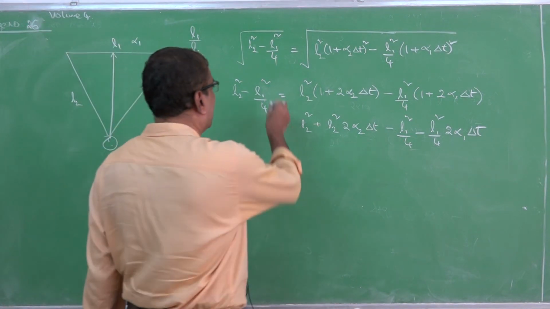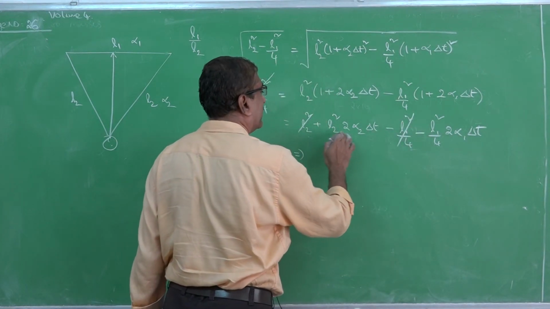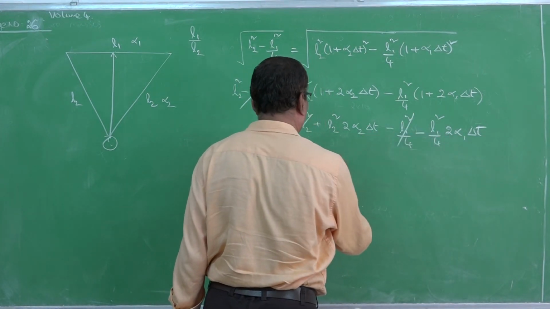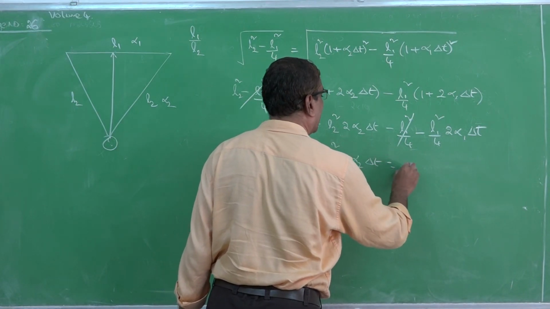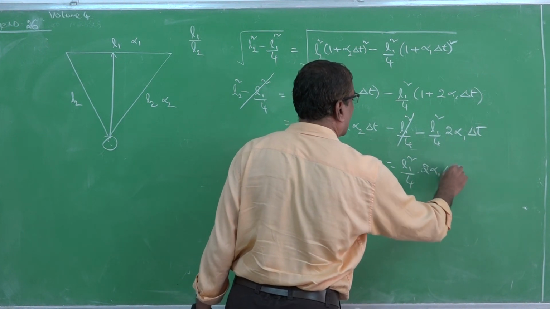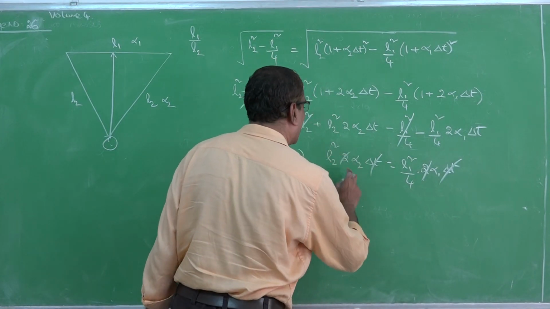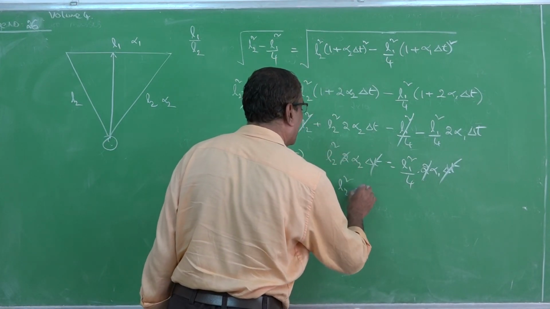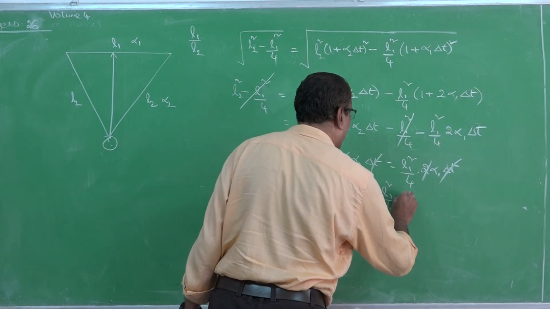Now this term will get cancelled with these two terms, so we can write this term is equal to this term. L2 square 2 alpha 2 delta T is equal to L1 square by 4 into 2 alpha 1 delta T. So 2 delta T also gets cancelled. Here L2 square alpha 2 is equal to L1 square by 4 into alpha 1.